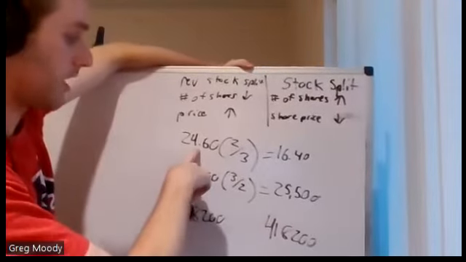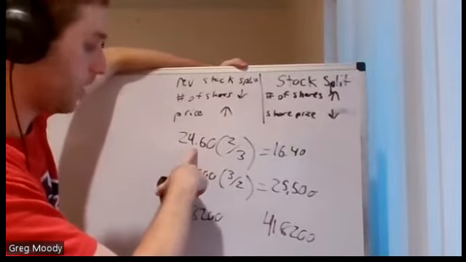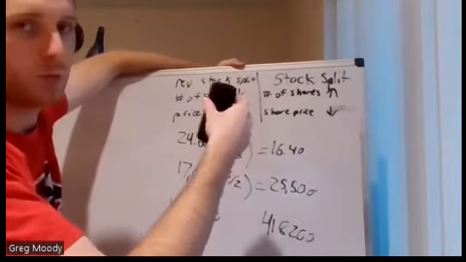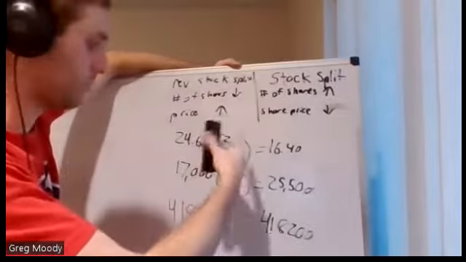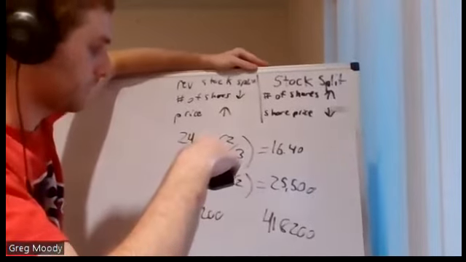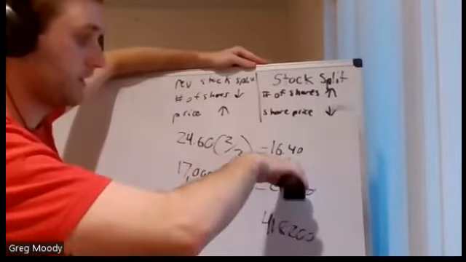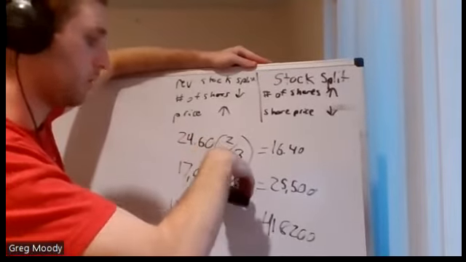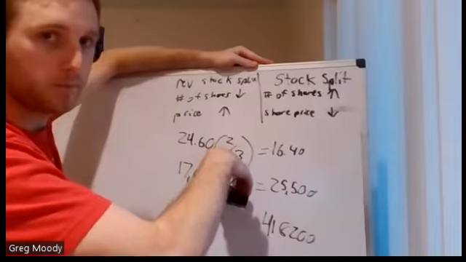So this is our stock price and we know it's going to fall. If I were to put 3/2, I'm saying it's going to rise because it'd be times 1.333 or something like that, and that would wind up rising our price. But it's a stock split, so our price is going to fall. Our larger number is on the bottom.